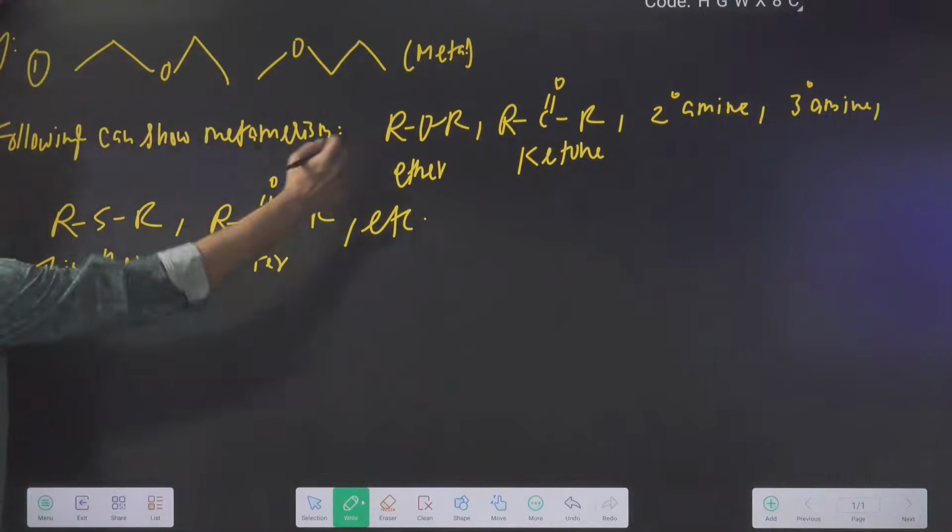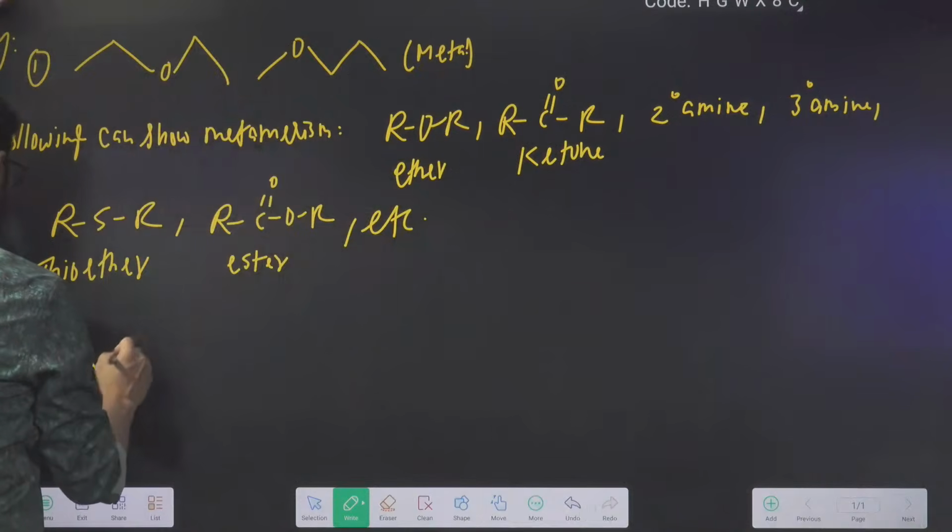Ether example I have already given. Second example, suppose ketone.